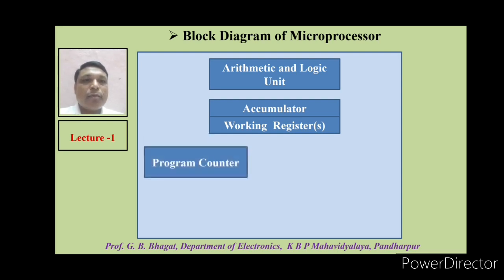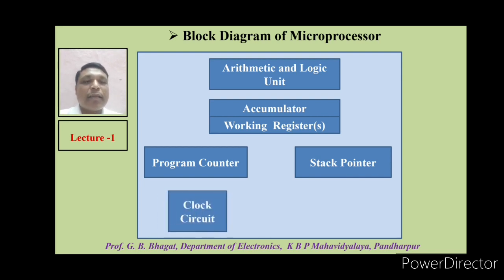Then it has program counter. Size of this program counter is 16-bit. Function of this program counter is to give the proper sequence to the program stored in its memory. The next, stack pointer. This stack pointer is one of the blocks of this microprocessor which gives the sequence to the stack of the processor.